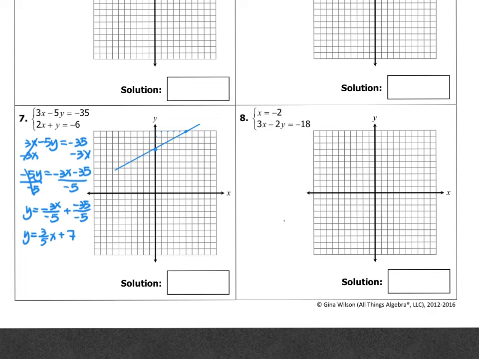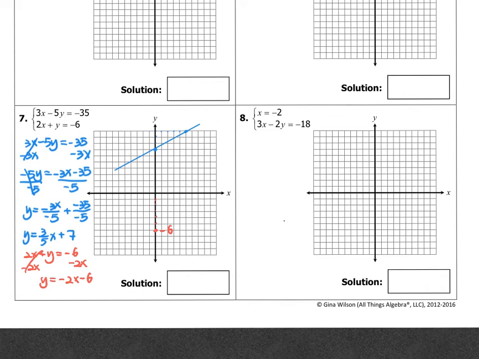Now, let's look at the red one. I have 2x plus y equals negative 6. I subtract 2x on both sides. I would end up with y equals negative 2x minus 6. So 1, 2, 3, 4, 5, 6. That's my b, negative 6. And then I run by 2.